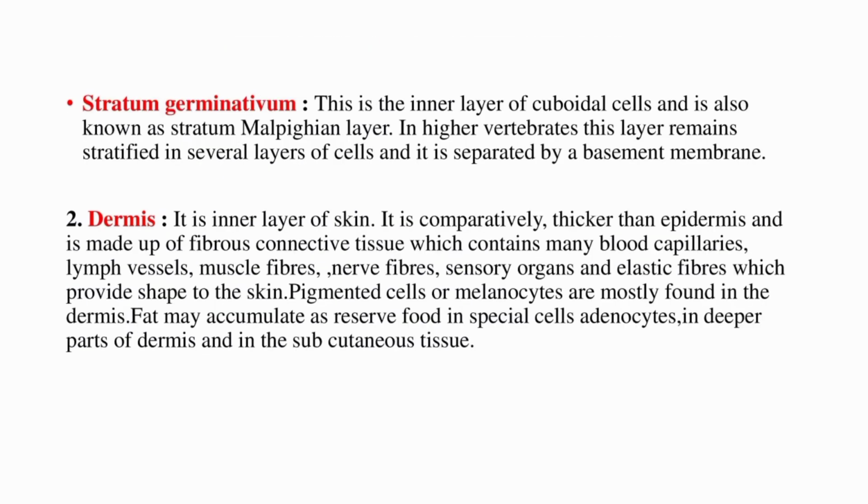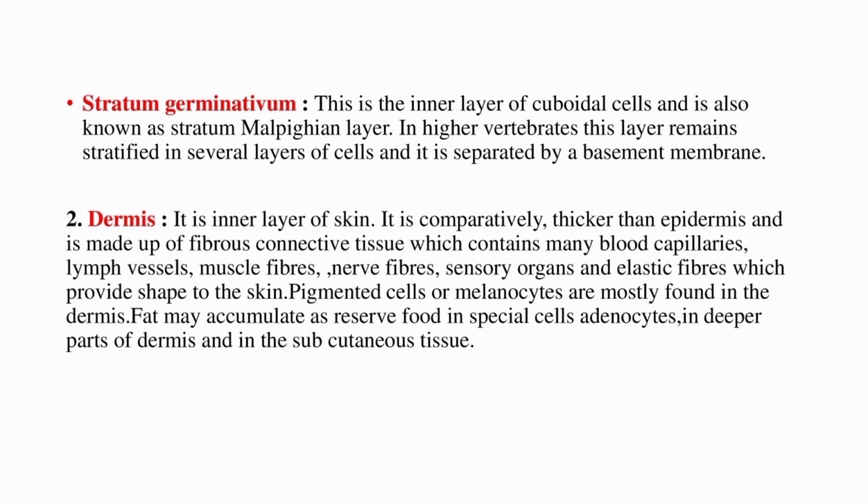Stratum germinativum, this is the inner layer of cuboidal cells and is also known as stratum Malpighian layer. In higher vertebrates, this layer remains stratified in several layers of cells and it is separated by a basement membrane.